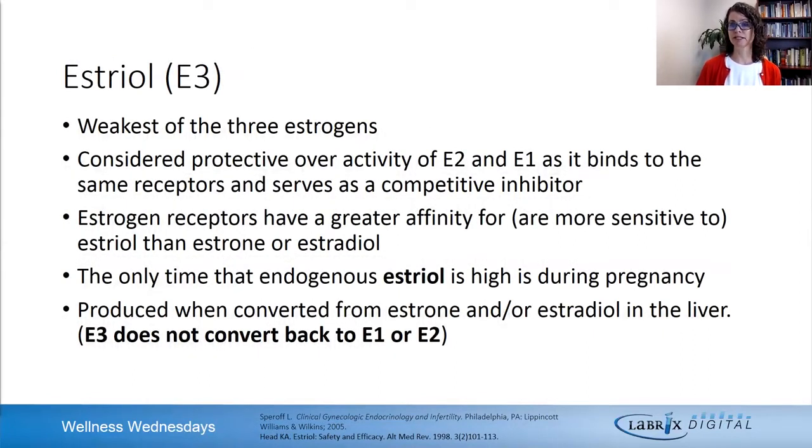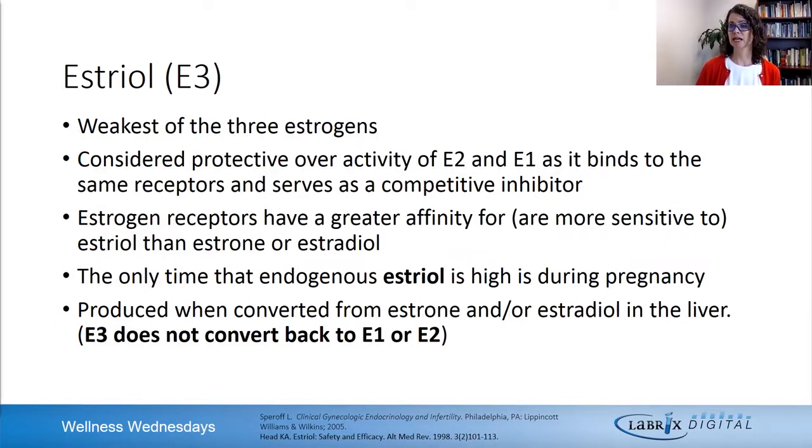Estriol is the weakest of the 3 estrogens, and it's the estrogen that we think of as being the most protective. It binds to the same receptors as E1 and E2, and as a result, it serves as a competitive inhibitor. Estrogen receptors have a greater affinity for estriol than they do for E1 and E2.